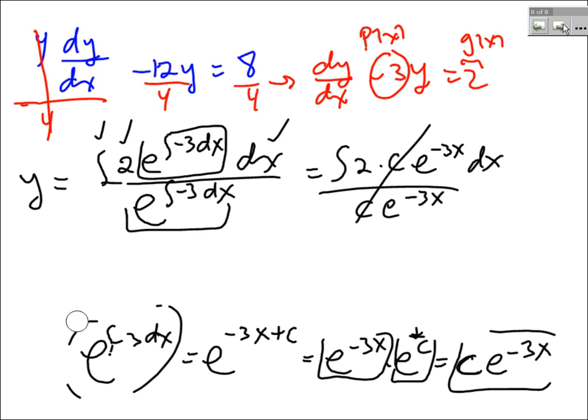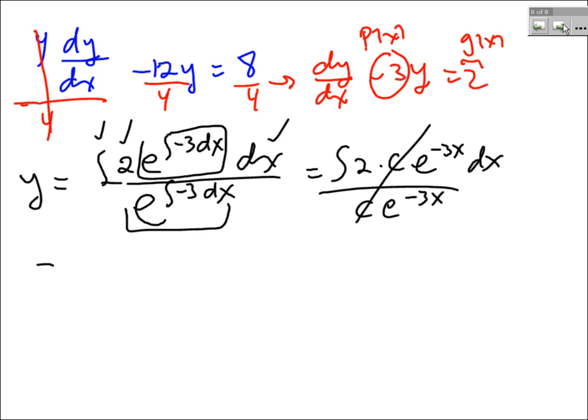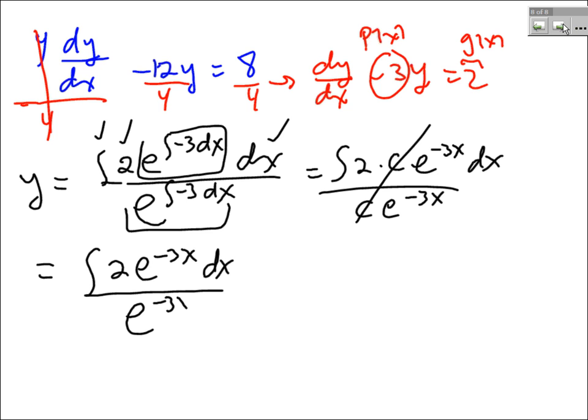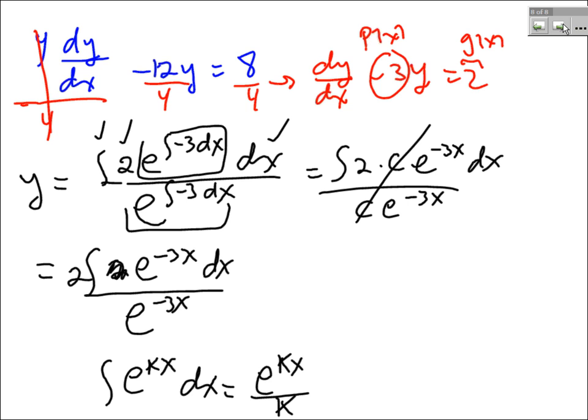So what we have right now is an integral of 2 e to the negative 3x dx. We need to divide this by e to the negative 3x. And this 2 can come out in front. That is a rule that calc students should know. The integral of e to the kx dx, where k is some constant, is e to the kx, but you have to divide by k. Our k is negative 3.